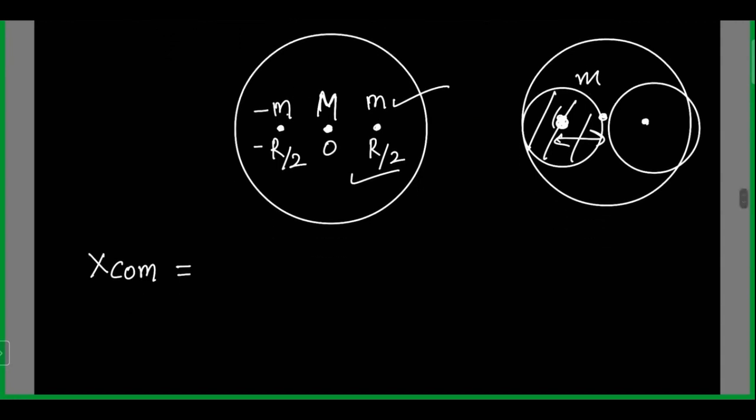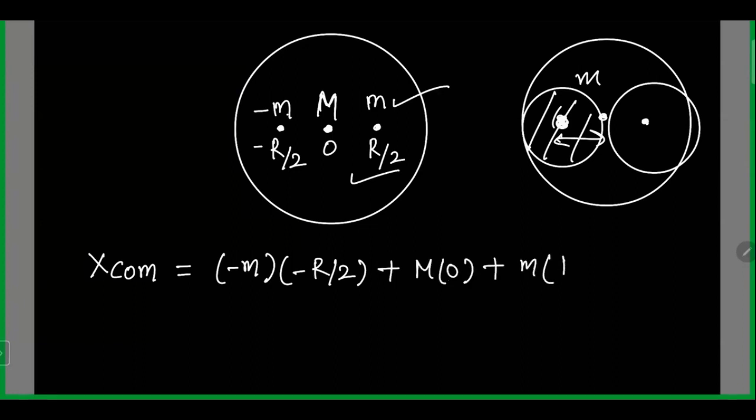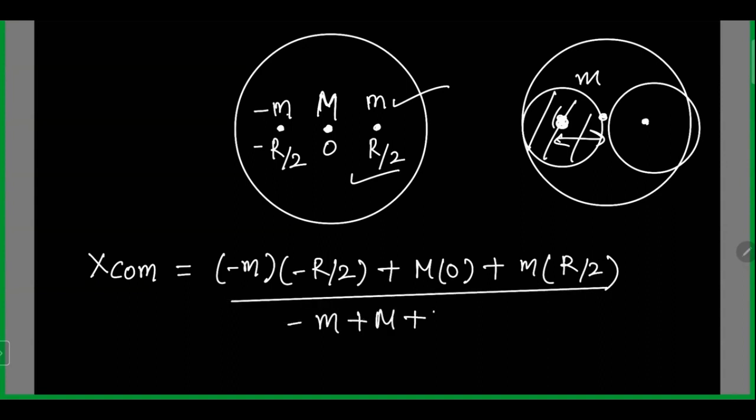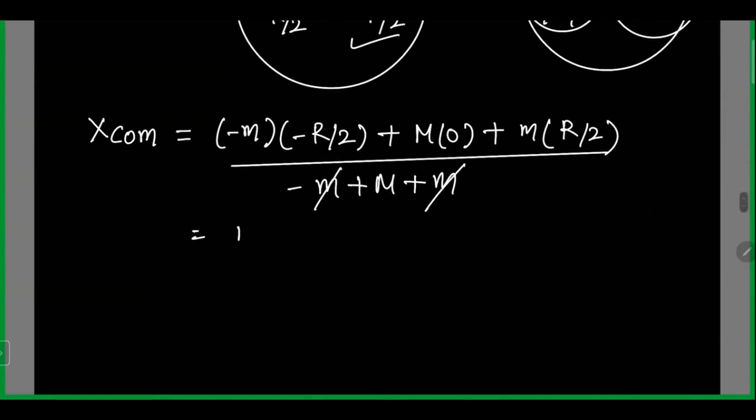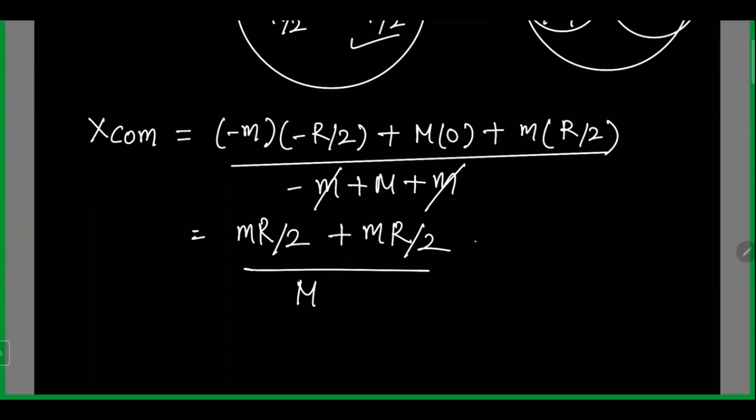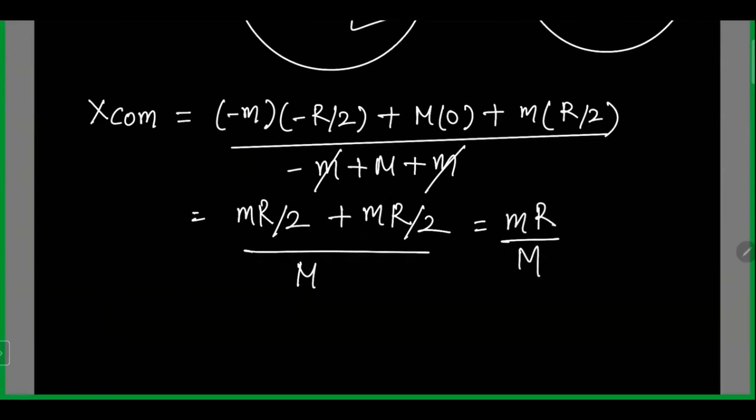So how do we find the center of mass? Let's keep the first body, which is minus m, and its coordinate, which is minus r by 2, plus capital M into 0, plus mass into its r by 2, divided by total mass. So total mass is minus m plus m plus M. This will cancel out and your total mass will remain as plus M. So you will get mr by 2 plus mr by 2, divided by capital mass M. So you will get mr by capital M. What was the small m?